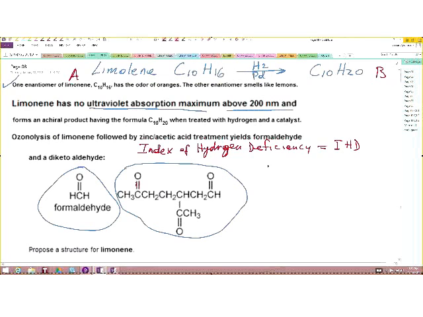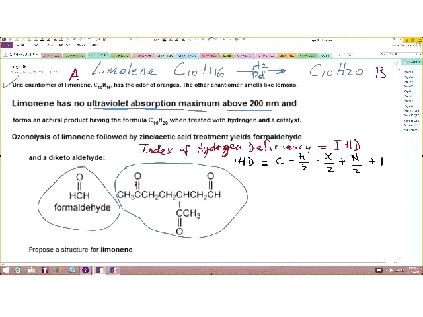Index of hydrogen deficiency, IHD, equals number of carbon atoms in the molecule, minus number of hydrogen atoms in the molecule divided by 2, minus number of halogens in the molecule divided by 2, plus number of nitrogen divided by 2, plus 1.